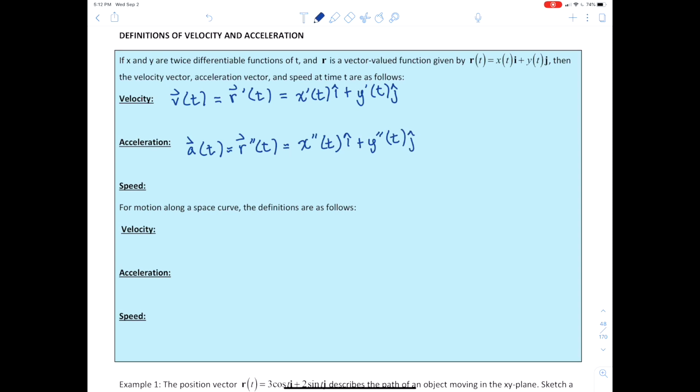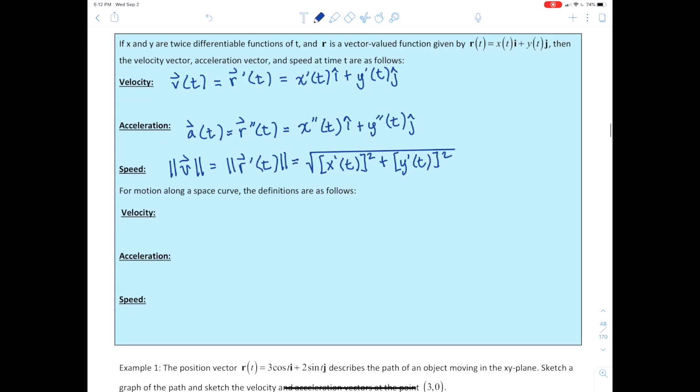Now the speed is just the magnitude of the velocity vector, which would be the magnitude of r'(t), which in turn would be what? The square root of x'(t) squared plus y'(t) squared. Cool, cool?